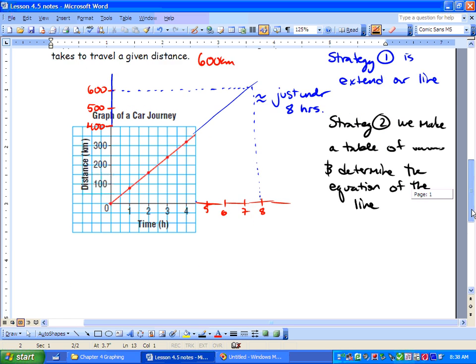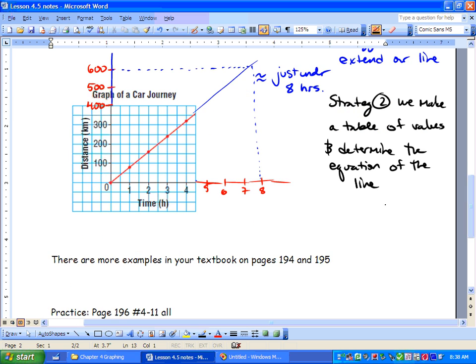So what we're going to do here is make a table of values, and we have h on our independent or x-axis, and distance on our y-axis or our dependent axis.